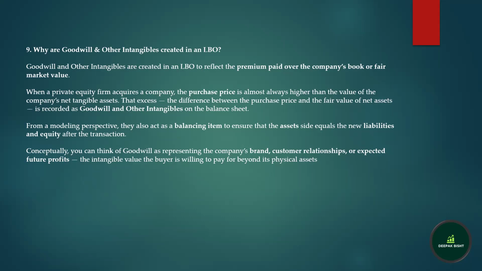So in short, goodwill and intangibles arise in a leveraged buyout because the sponsor pays above the fair market value of the assets, and under purchase price accounting, that premium must be recorded on the asset side. It's what allows the balance sheet to balance after the new LBO capital structure is put in place. I hope this question is clear. Let's move to question number 10.